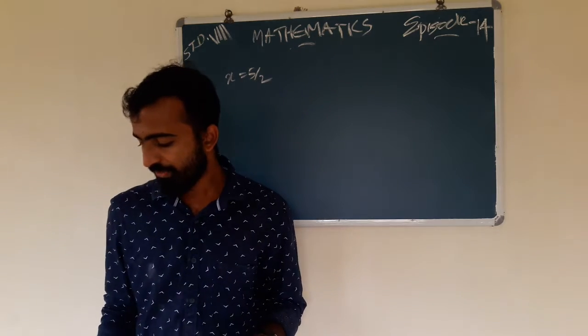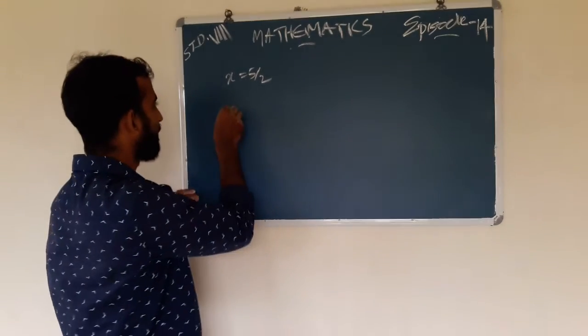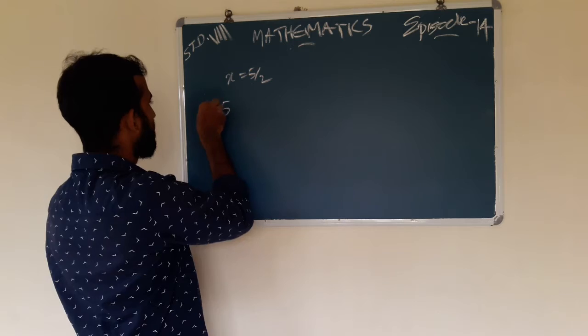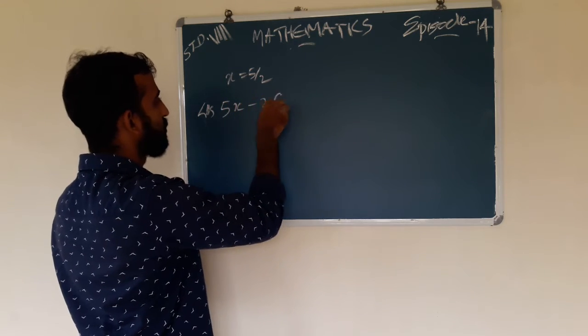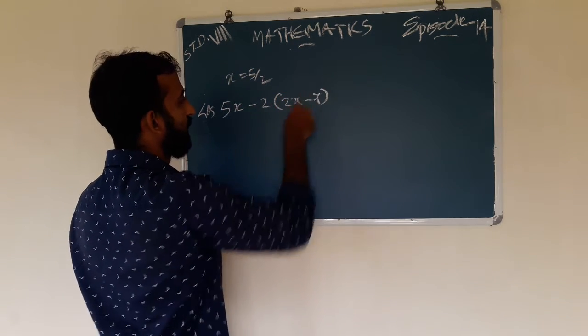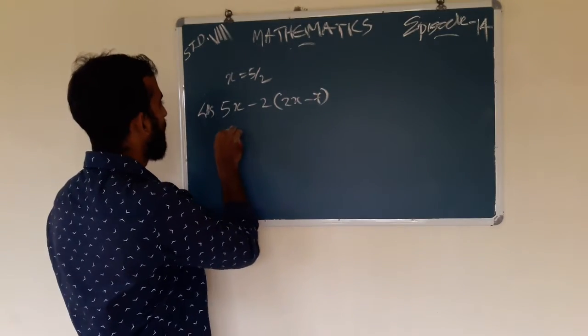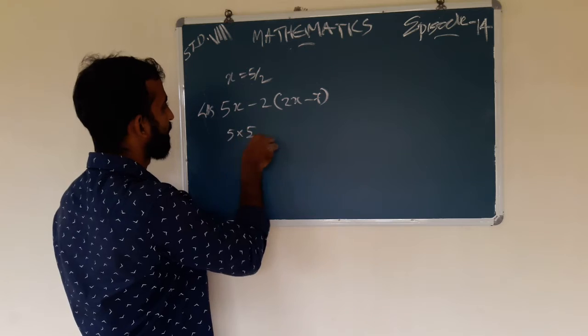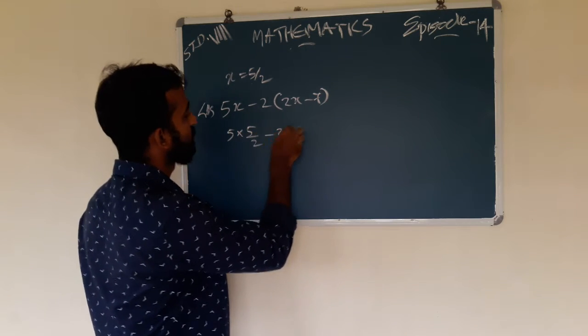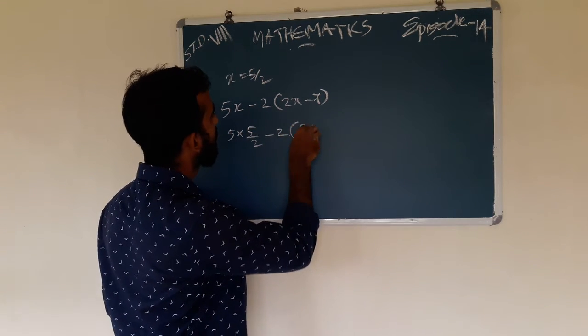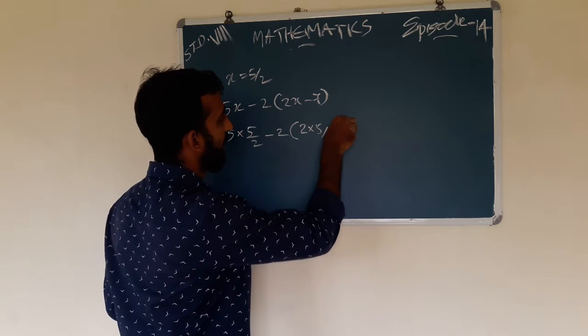And what is our question? LHS is 5x minus 2 into 2x minus 7. Is it? Yes. That is when we put 5 into 5 by 2 minus 2 into 5 by 2 minus 7.